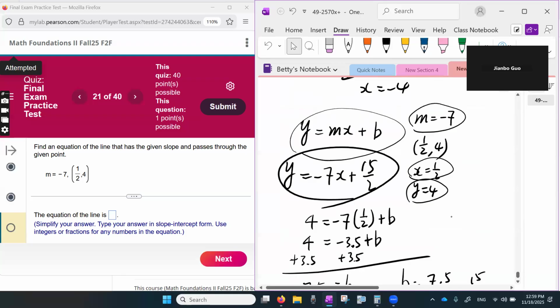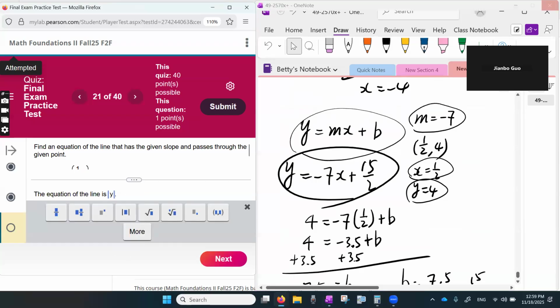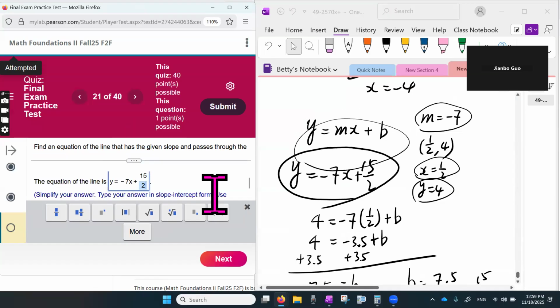It says you're going to type the whole equation. The equation of the line is y equals -7x plus 15/2. Y equals -7x plus 15/2. Okay, next.